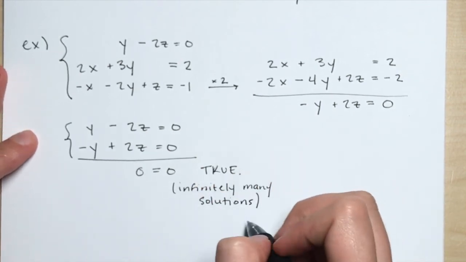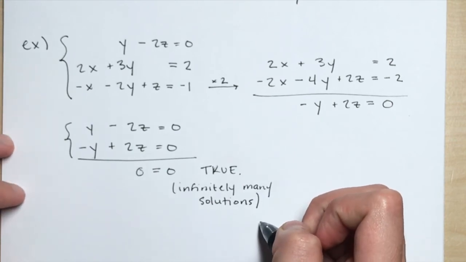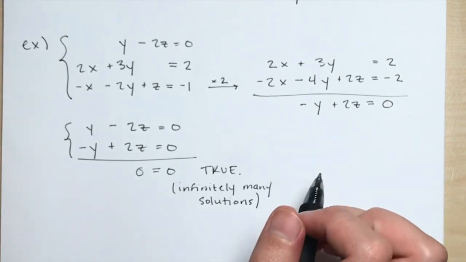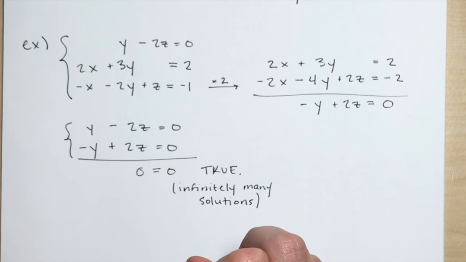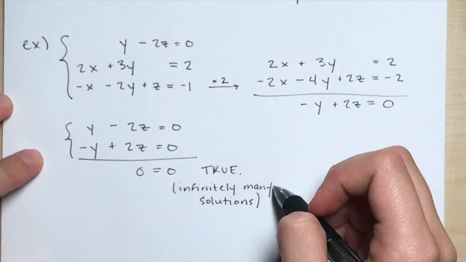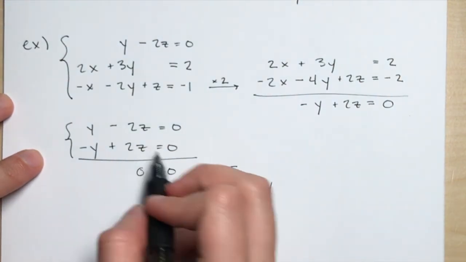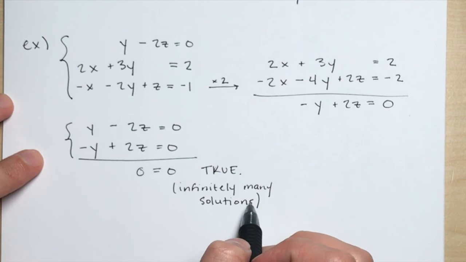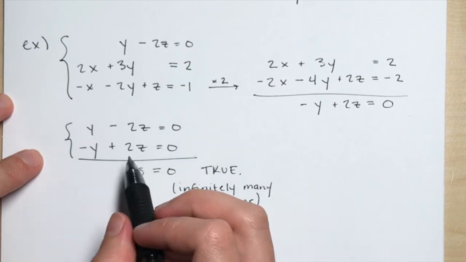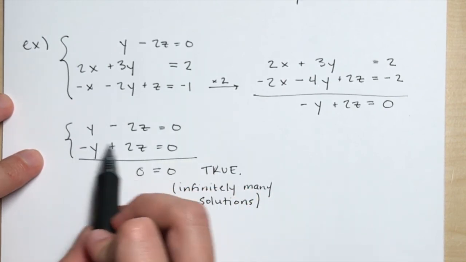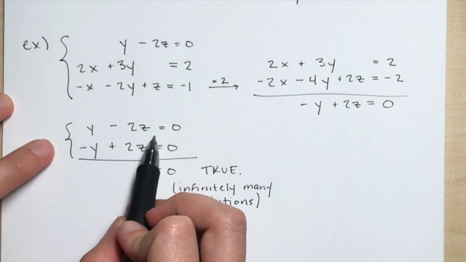So we have to figure out what these solutions look like in terms of something. In a question like this in WebAssign, it asks for you to express it in terms of z, so that's what we'll do here. So we need to find everything in terms of z. That means z is going to be itself. We need to find y in terms of z, so we need to solve this equation in terms of z.